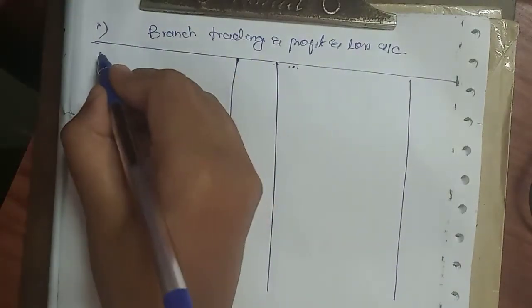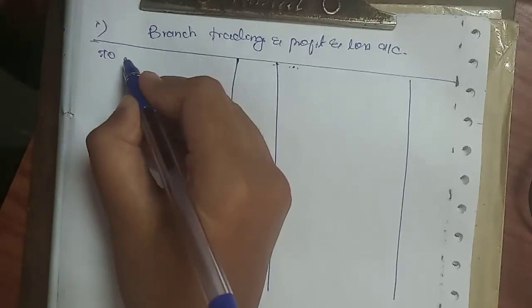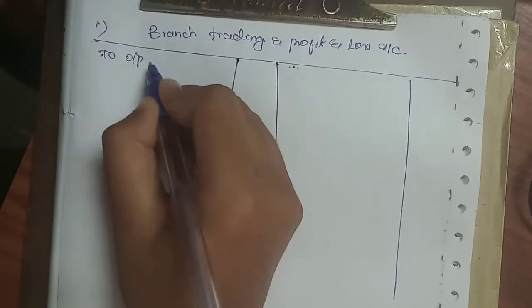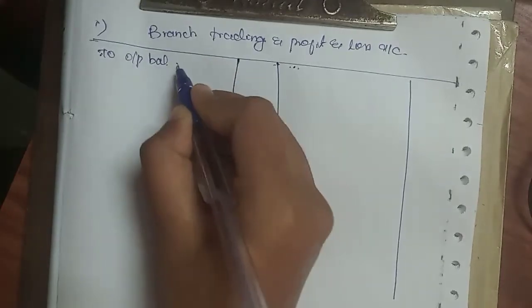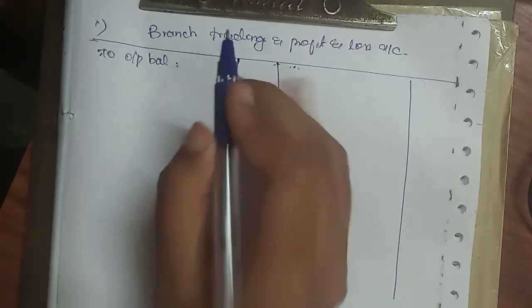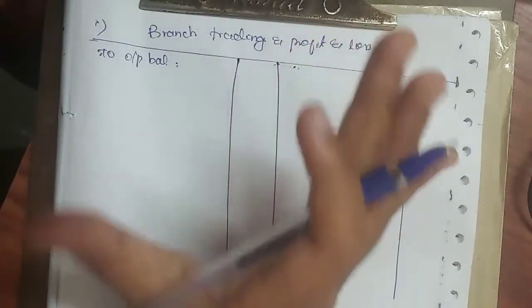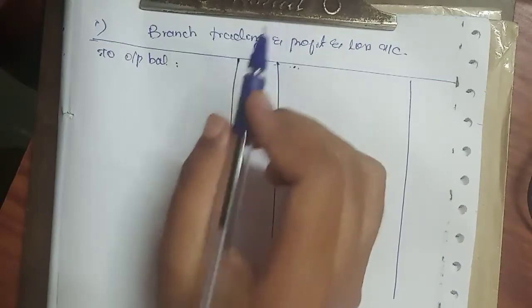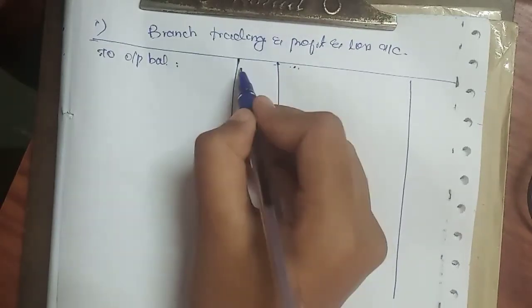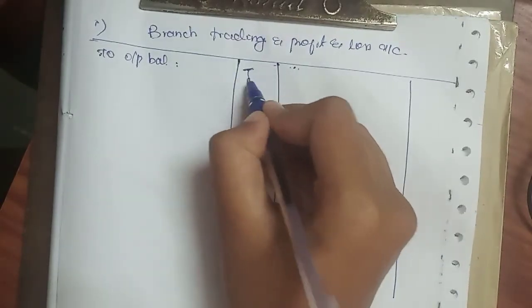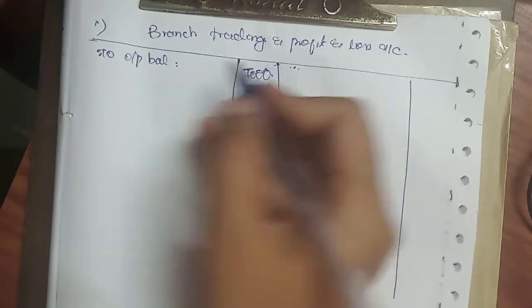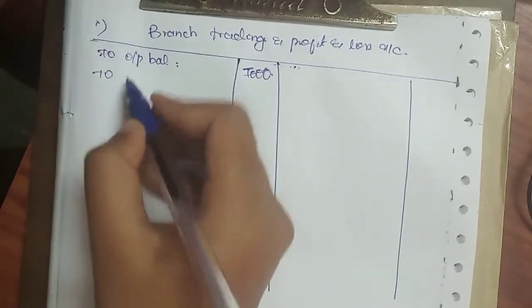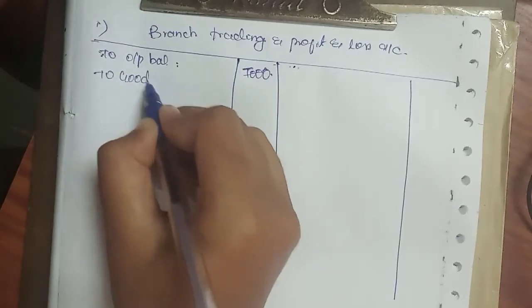To opening balance. We are mentioning only the stock here, because it is the trading account. So that is 7,000.